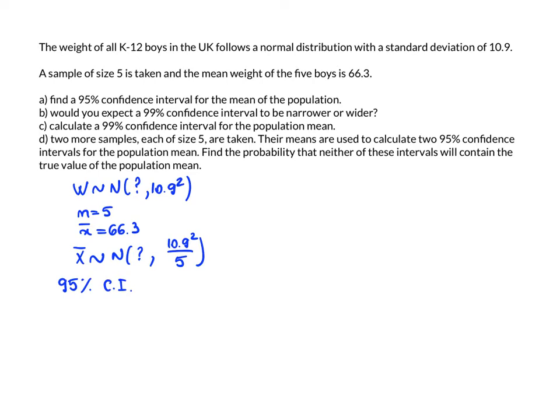So for my sample, the mean is 66.3. Therefore, I am under this distribution. And I need to find a 95% confidence interval. That's the interval I need to find.